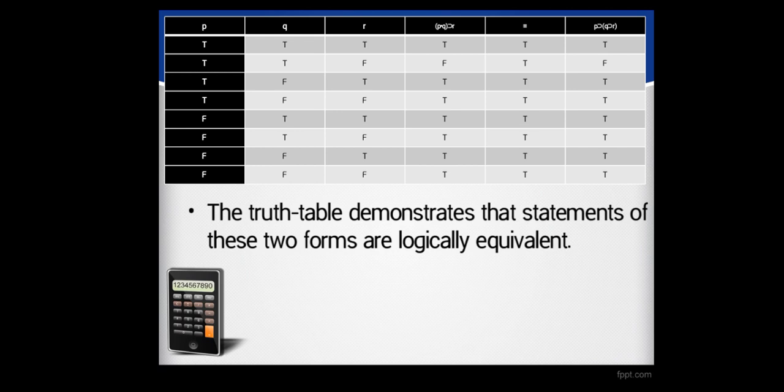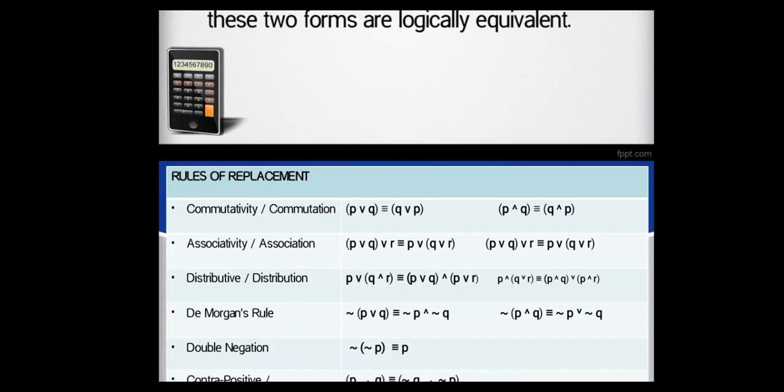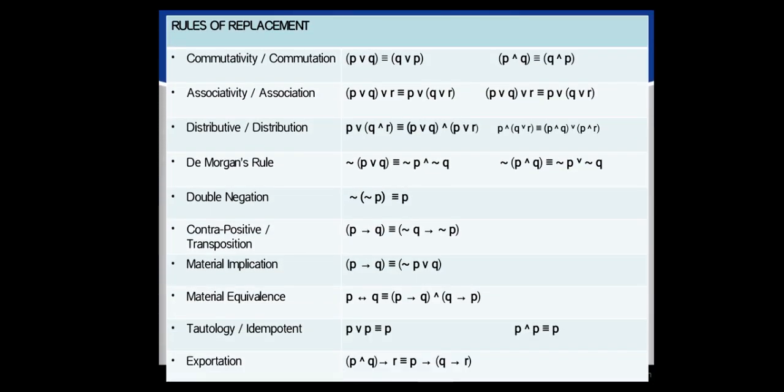For example, we have here the P, the Q, and the R. If we have F, F, and T, we find the value of P and Q, and therefore we take the minimum value, so T. Then implies R, so the answer is T. And the answer of this one is also the answer of this one, because they are equivalent. That is for the exportation.